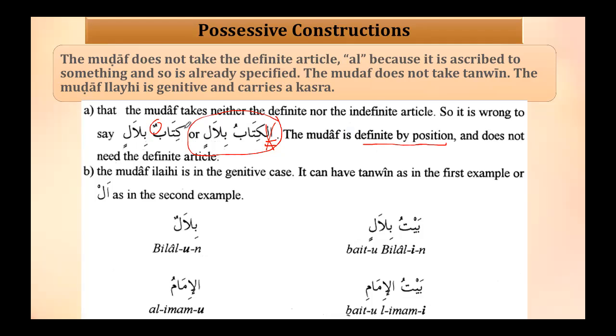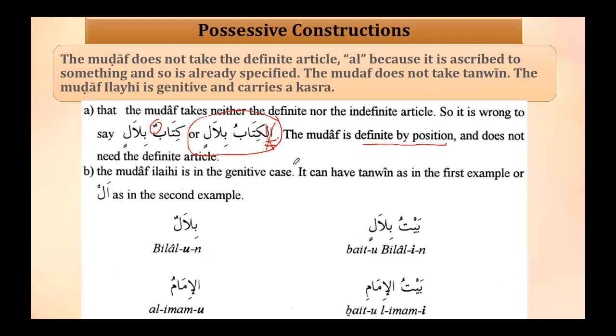So we make these two very important observations about the idafa construction. Number one, the mudaf, the first term, will not take the definite article and it will not take tanween. Now let's look here. This is the correct way to write this. Baitu Bilalin.